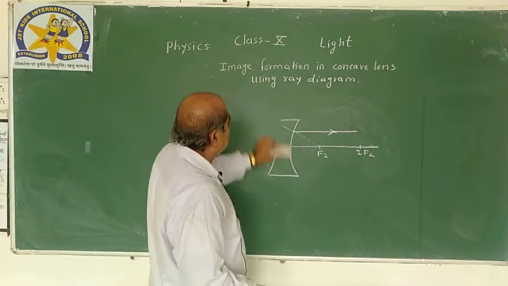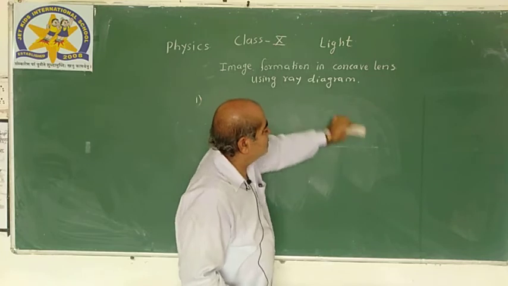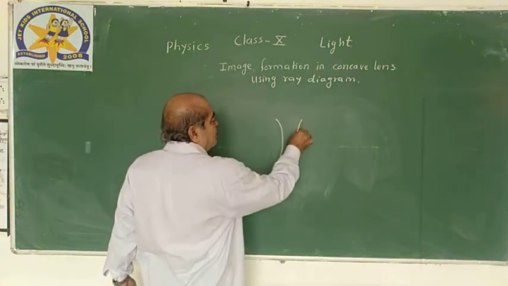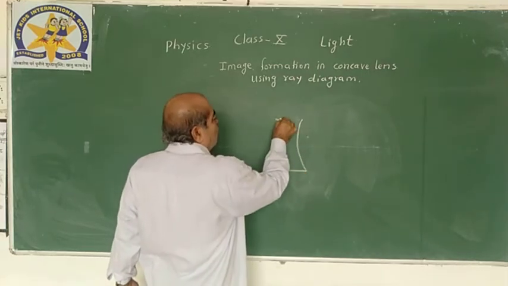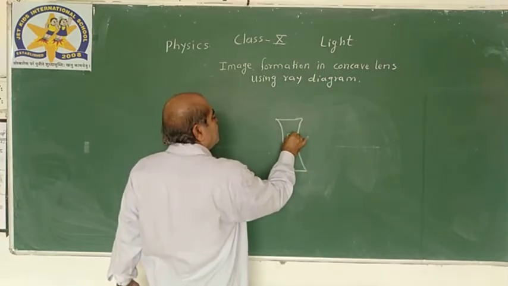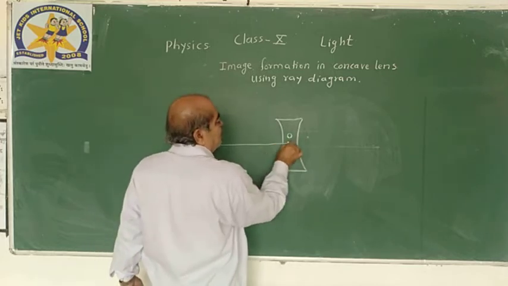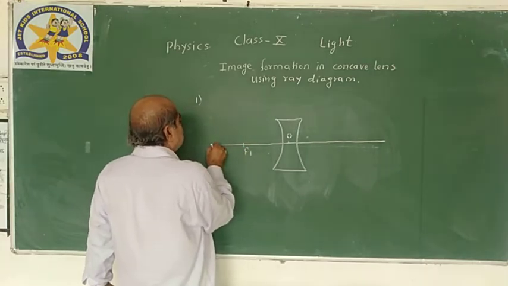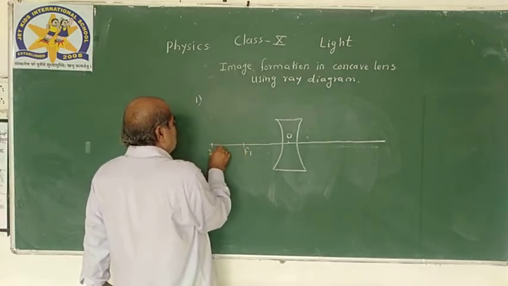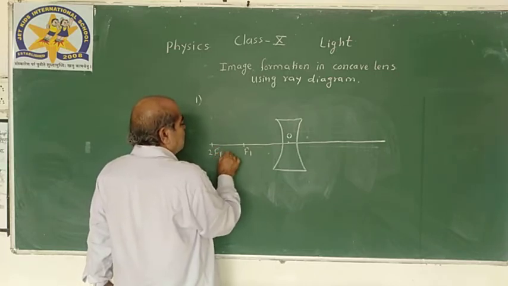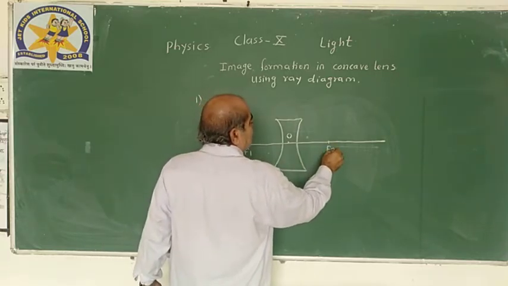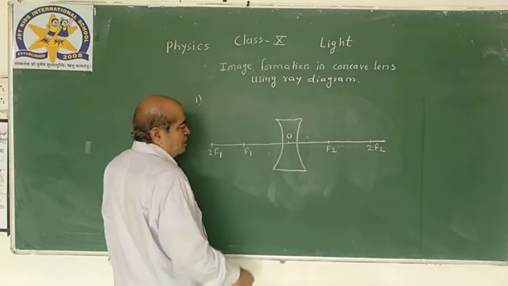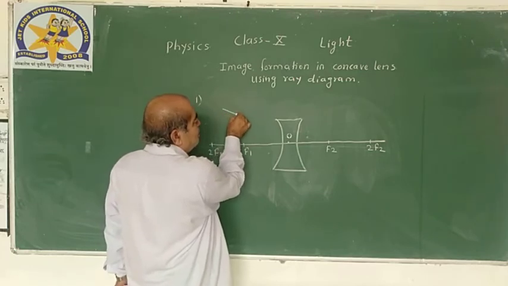Now the third rule is the same as in the case of the convex lens. So this is the lens. O is the optical center. This is the principal axis. F1 is the first principal focus. This is twice F1. This is the second principal focus and this is twice F2.